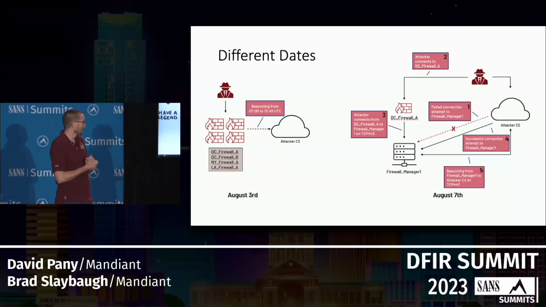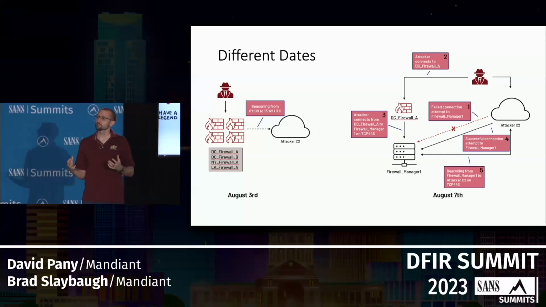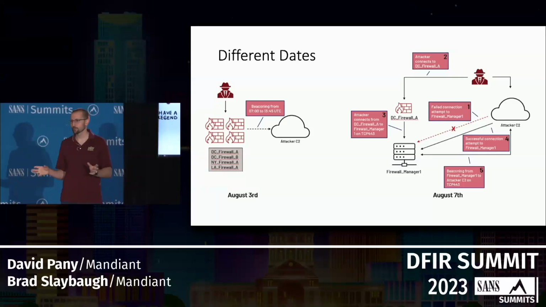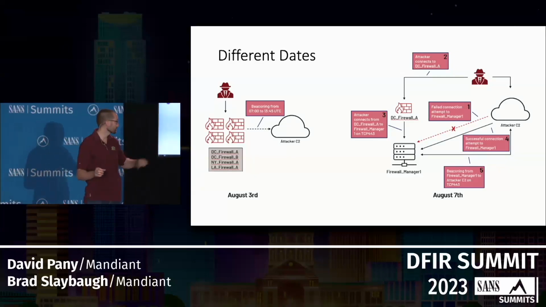And this example shows two clusters of activity separated by dates. We didn't have a direct link to put them together. We were pretty sure they were the same actor, just trying different things in the environment. You can see we use some custom graphics, some dotted lines, and a neat thing to introduce here is on the section on your right, you see 1, 2, 3, 4.